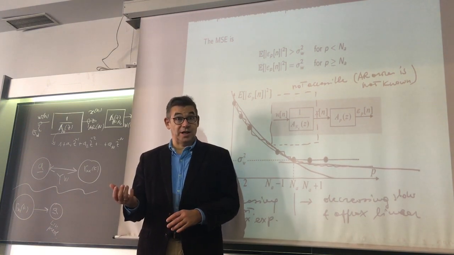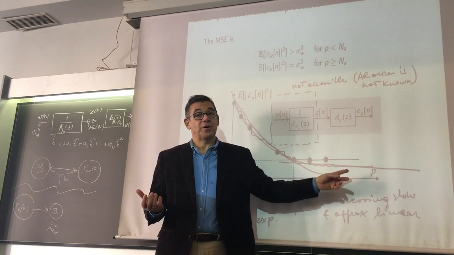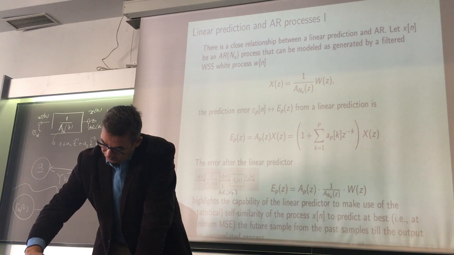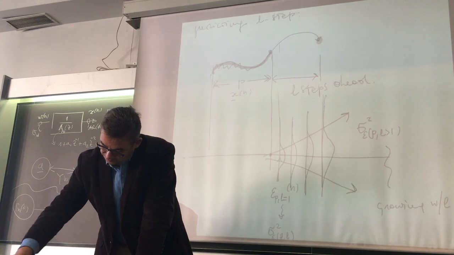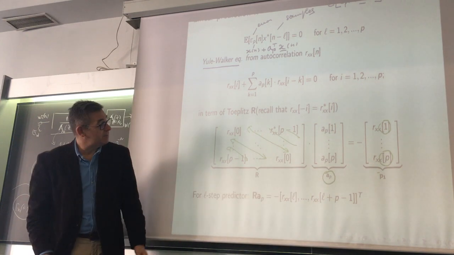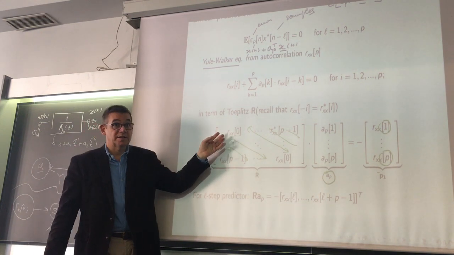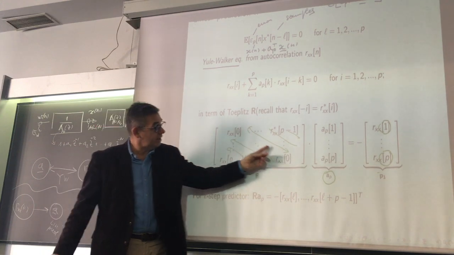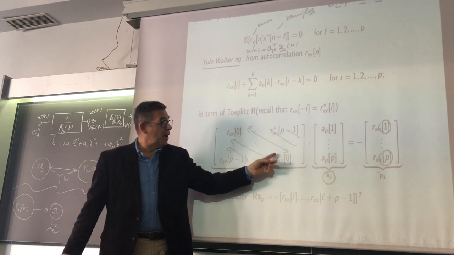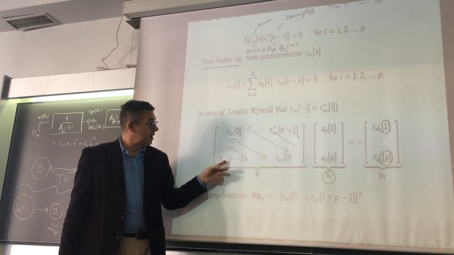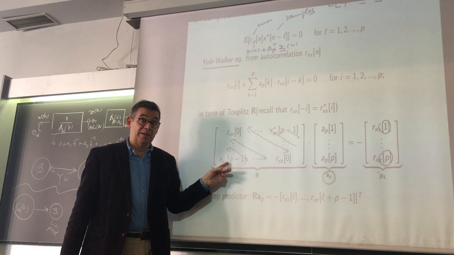The other reason is that the more you increase the predictor length, the bigger this matrix gets. This matrix contains the size of the predictor length. Now the entries here are the autocorrelation computed in 0, and so on, and here are the autocorrelation computed in p minus 1.